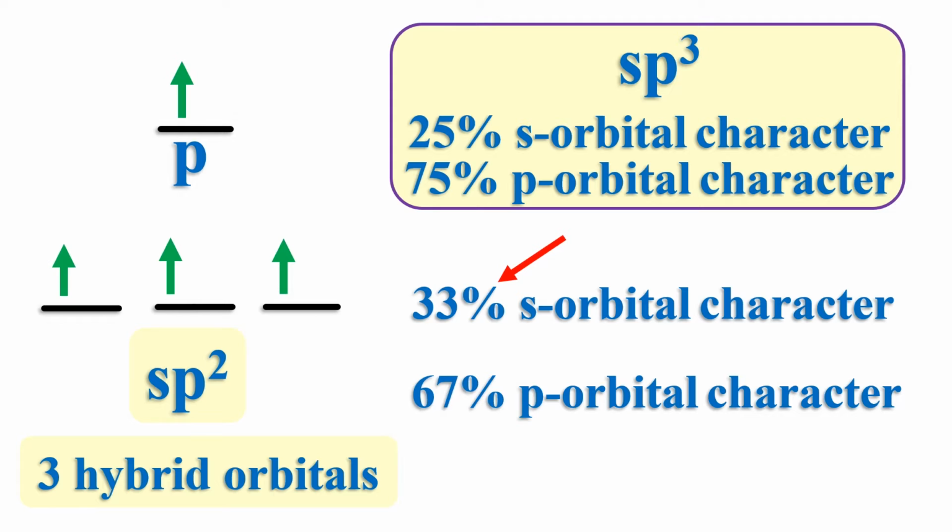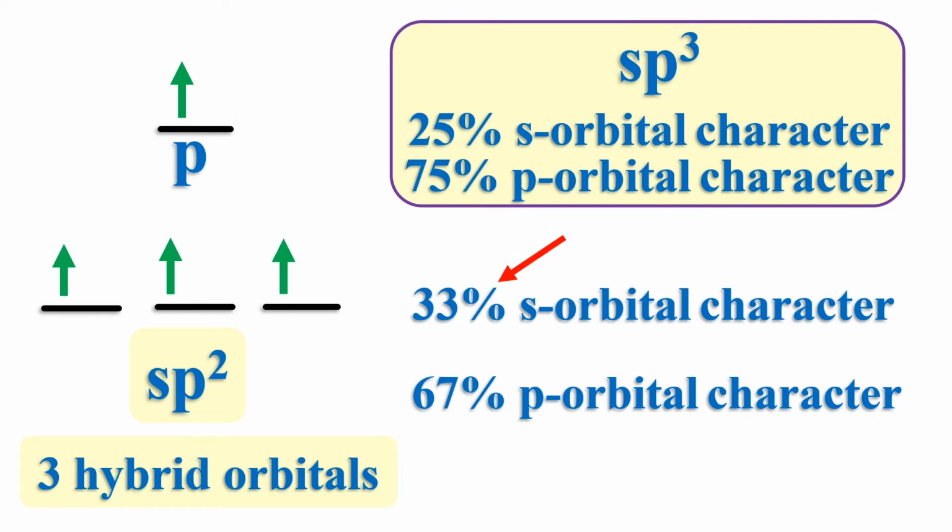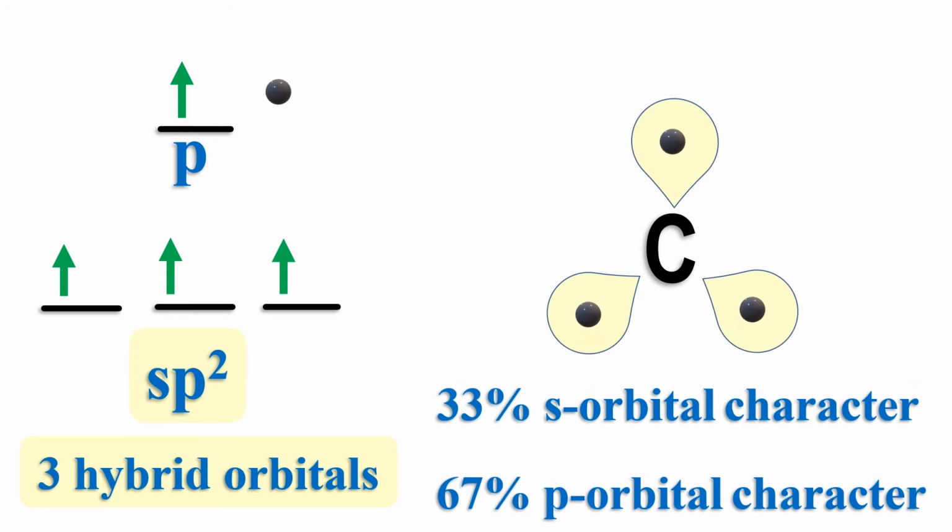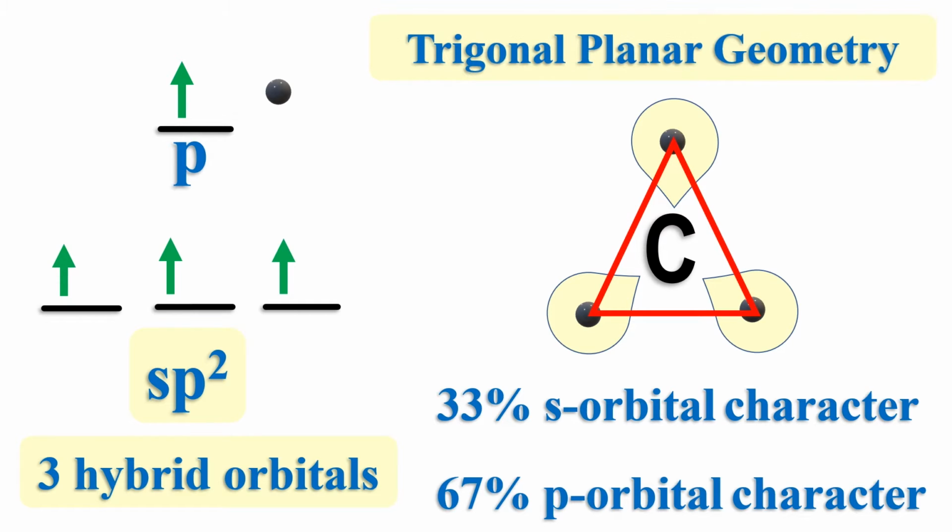There is more of the lower energy s orbital character in the sp2 orbitals. We can say this carbon atom is sp2 hybridized. These three hybrid orbitals take up space. Thus, their geometry is optimum in a trigonal planar geometry.